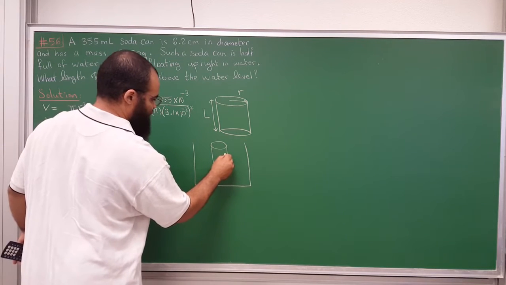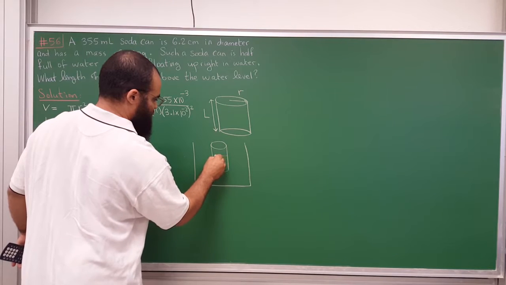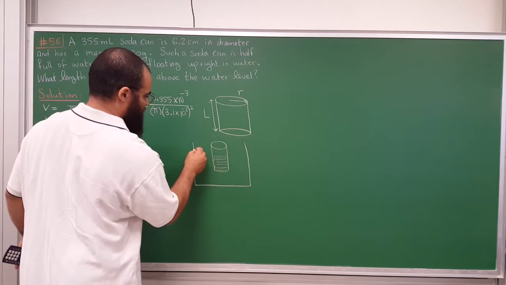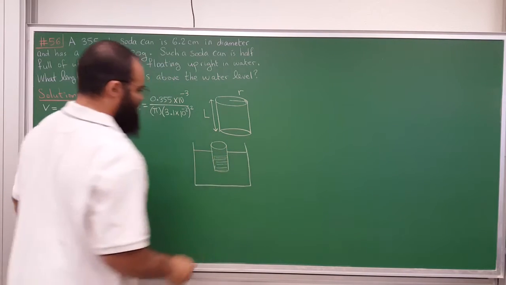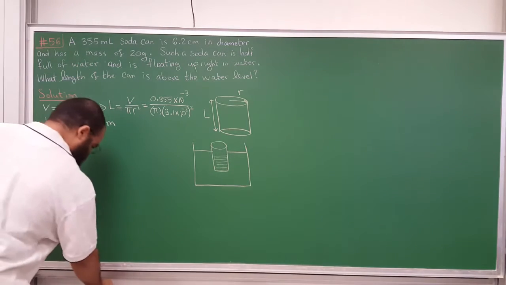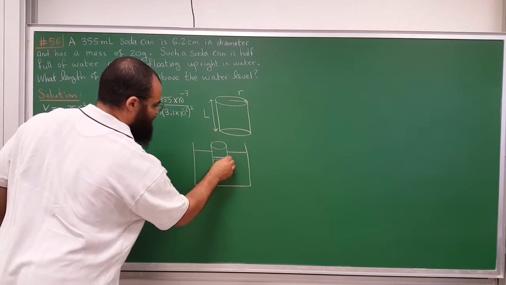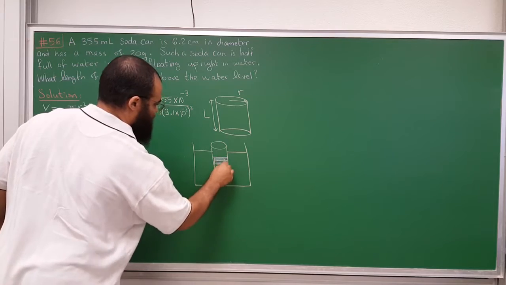You put water in it, so it has some water here. And it is below water. So it is filled with water, maybe up to here, let's say. This is the water inside the soda can.